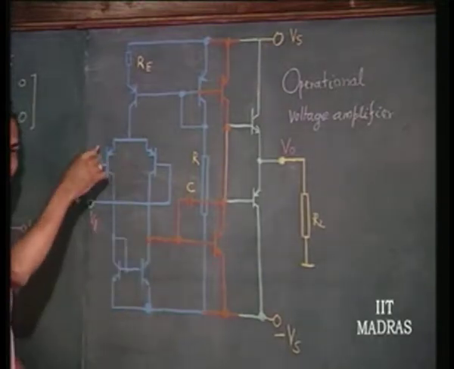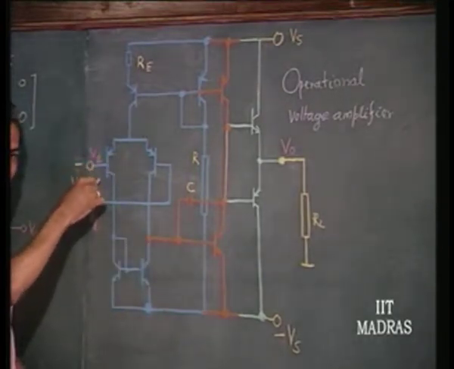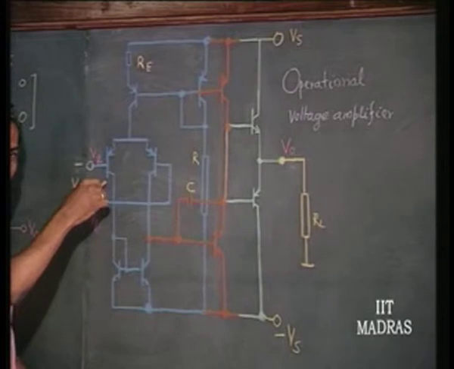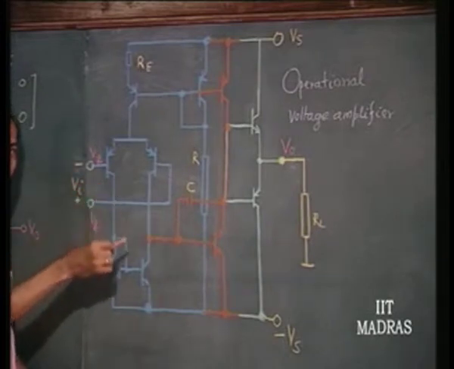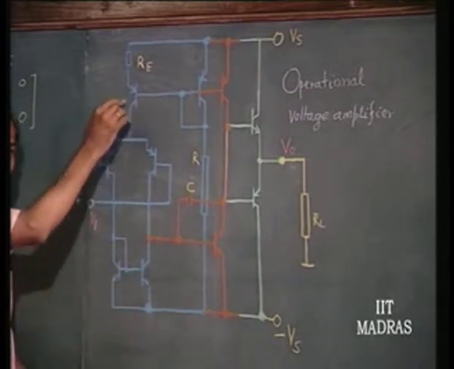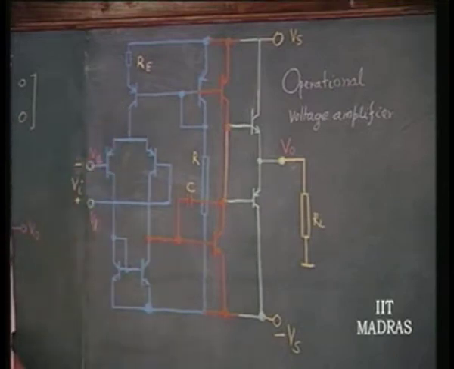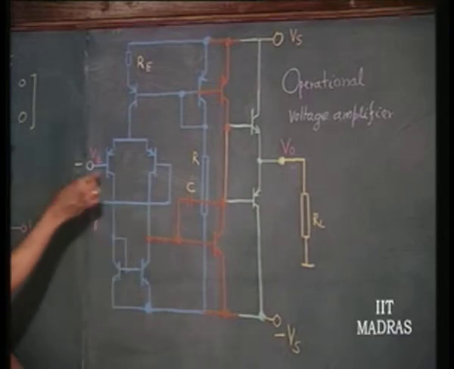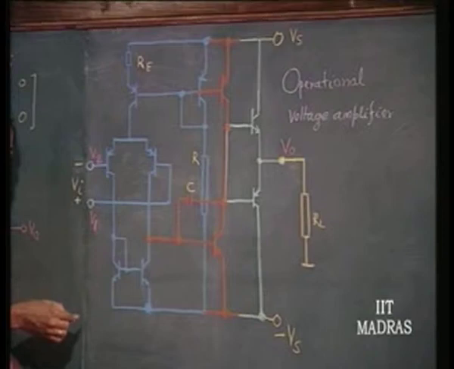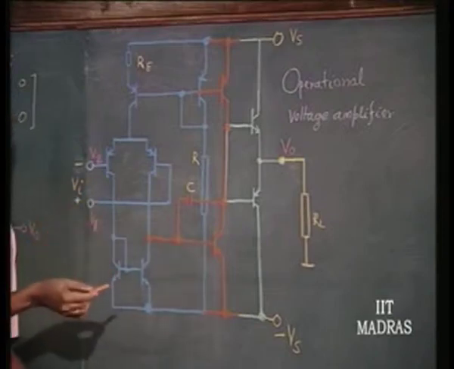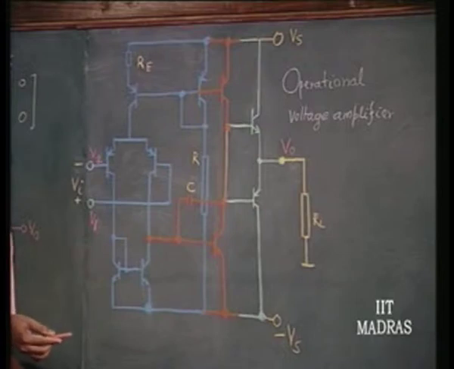If we had chosen NPN input pair, then in turn we would have to go for PNP current sources or current mirror for the active load. So, this is one way we have chosen, primarily because the next stage is important in giving gain, and the next stage has to be necessarily NPN.